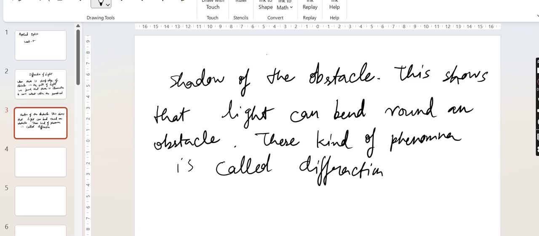So this phenomenon cannot be explained by ray optics. Only wave optics can explain this phenomenon.